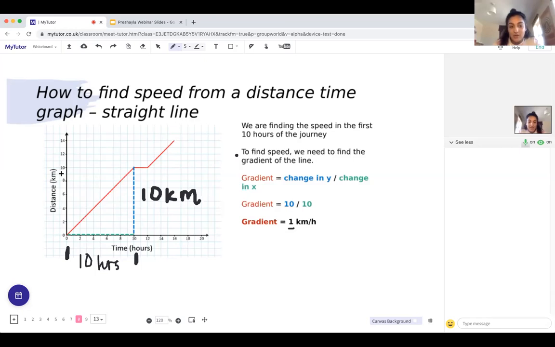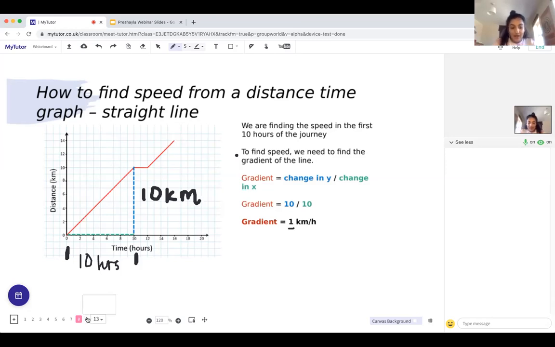For this one, it's kilometers per hour. So we do the values divided by each other and put the units on at the end. For this example, it's 10 kilometers divided by 10 hours, so it's 1 kilometer every hour. That's how we find the gradient of a straight slanted line on a graph, to find speed given a certain distance and a certain time.